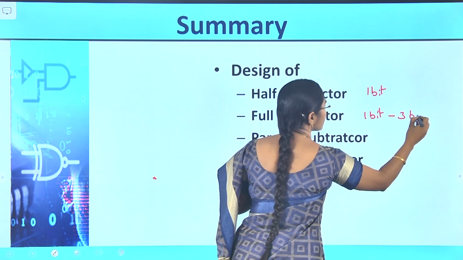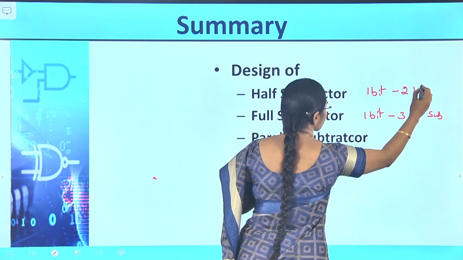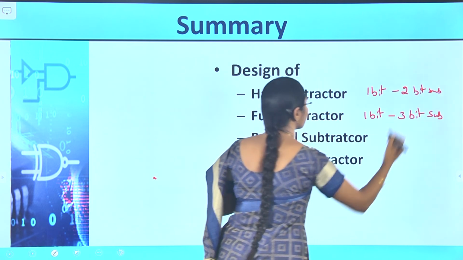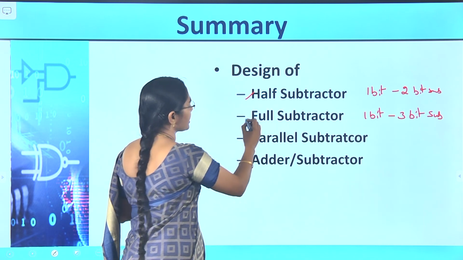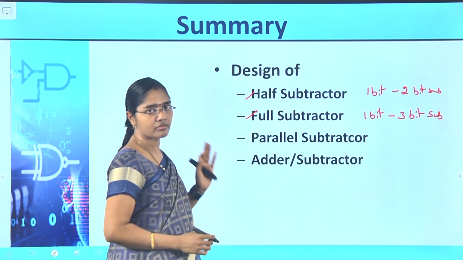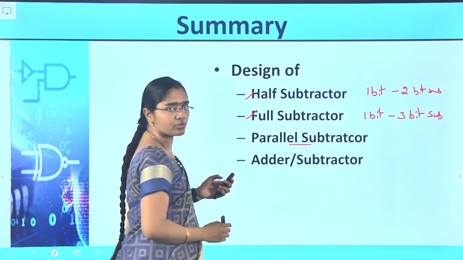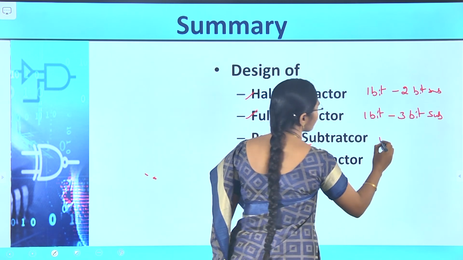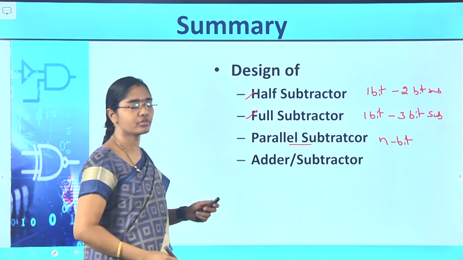So a half subtractor does 2 number subtraction with 1 bit, and a full subtractor does 3 number subtraction with 1 bit. Then a parallel subtractor is used for the subtraction of 2 numbers of n bits.